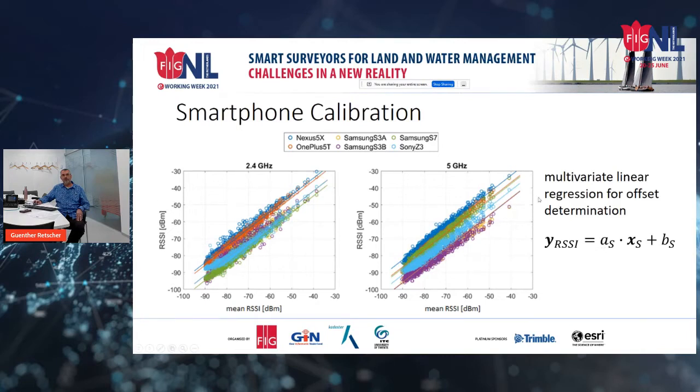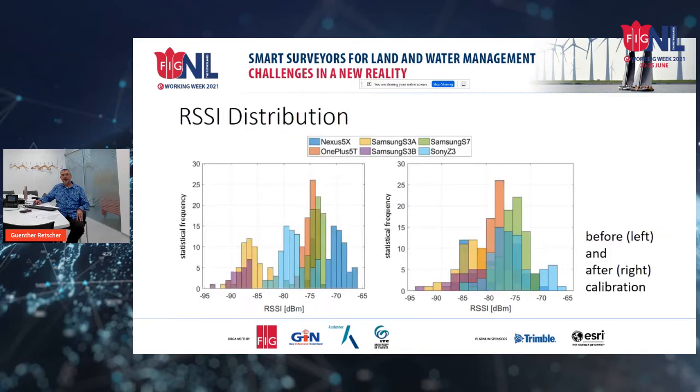And when you look at the 2 different Wi-Fi signals, the 2.4 and the 5 gigahertz, you can see that there are some significant differences between the smartphones due to their heterogeneity and also between the 2 different frequency bands. So calibration is essential when we do Wi-Fi fingerprinting.